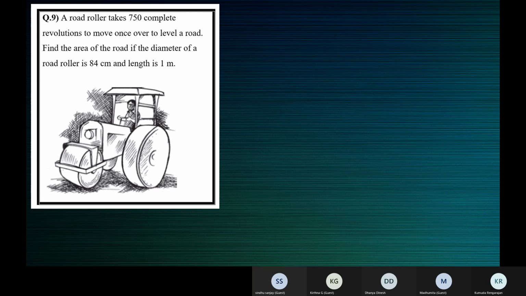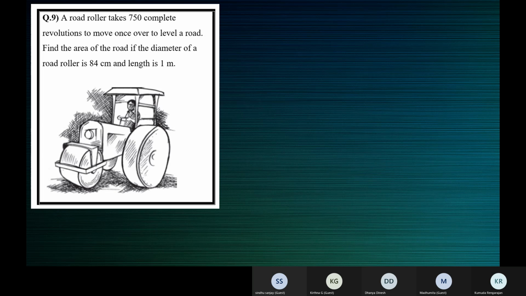Okay, a road roller, you can see the roller is cylindrical. Now, what part of the cylindrical roller comes in contact with the ground? What rubs over the ground? The total surface area or the curved surface area?